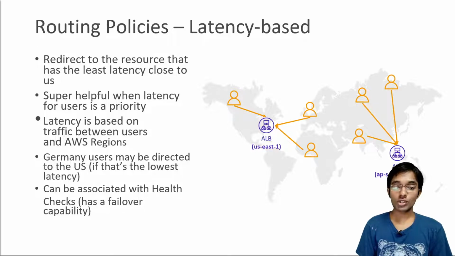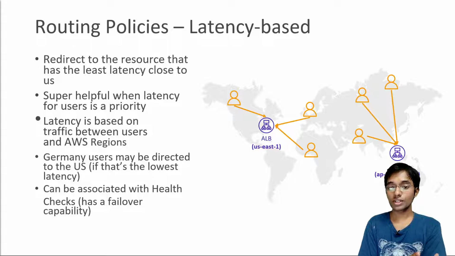So it's very possible for Germany users to be directed to the US ALB if that's the lowest latency. These kinds of records can be associated with health checks as well, which gives you a failover capability.